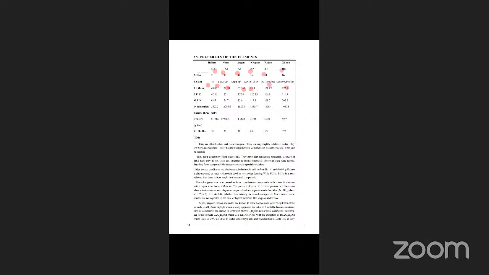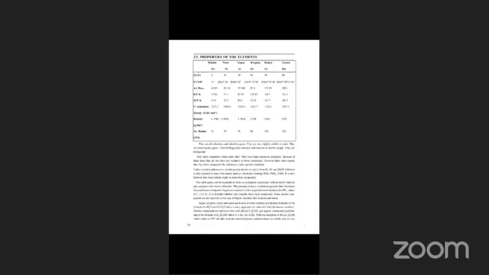These are the boiling points: helium boils at 4.2 degrees, then 27, 87, 120. Melting point 0.9. See the first ionization and the density: helium 0.1786, neon 0.9002, very low density.